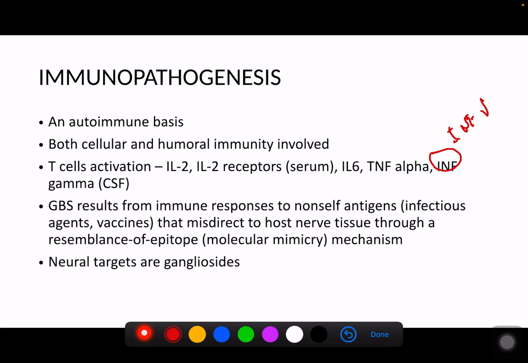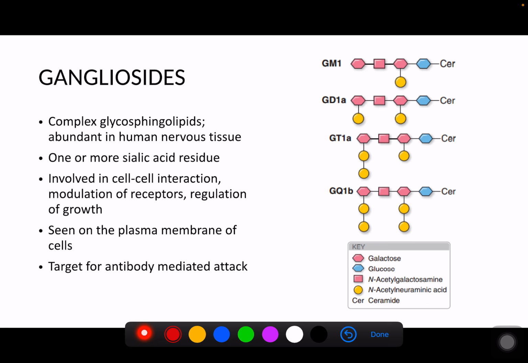You remember the recruitment of macrophages in tuberculosis is also secondary to interferon gamma, so the same mechanism is here. GBS results from immune responses to non-self antigens, infectious agents, and vaccines that misdirect to host nerve tissues through a resemblance of the epitope.